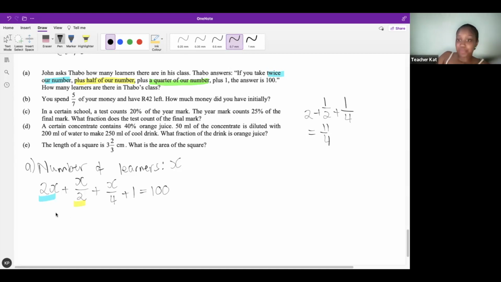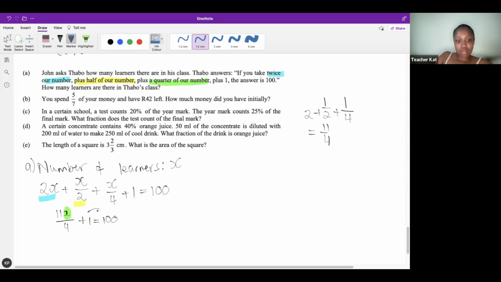Thank you. So this is 11. Okay, I'm going to say 11x over 4. It's the same thing as 11 over 4 x. Plus 1 equals 100. Now I want this guy to be on his own on the left. Let me stop using yellow. It's giving me a headache. Right. So what am I going to do to this 1? We have a 1 that's just chilling there. How do we get rid of this 1?